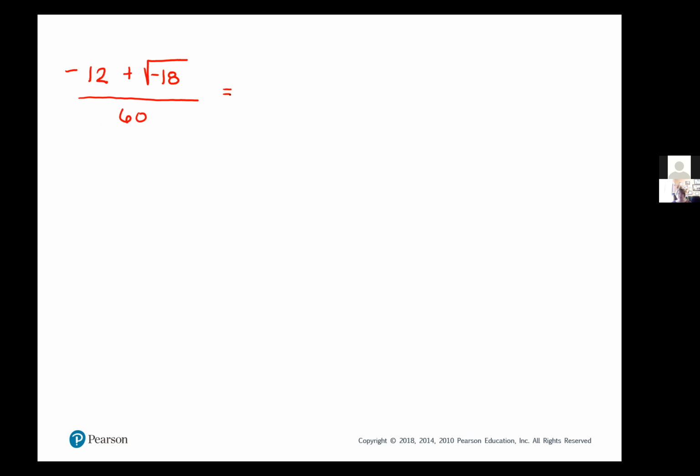Again, what are your perfect squares? 4, 9, 16, 25, 36, 49, etc. So does 18 have a factor that's a perfect square? What do you think?